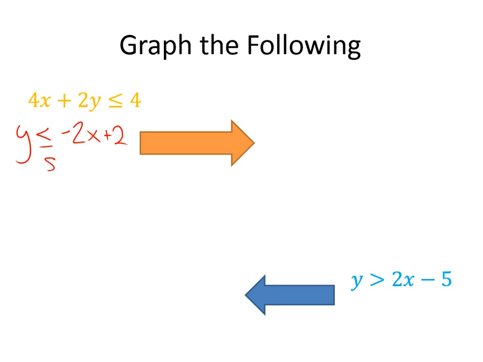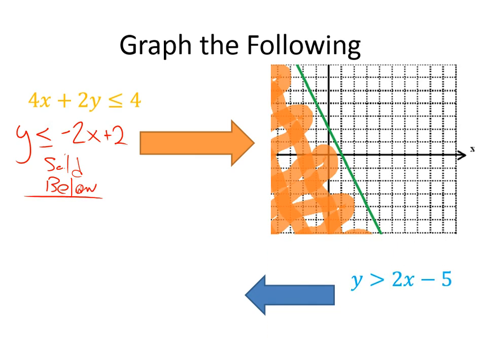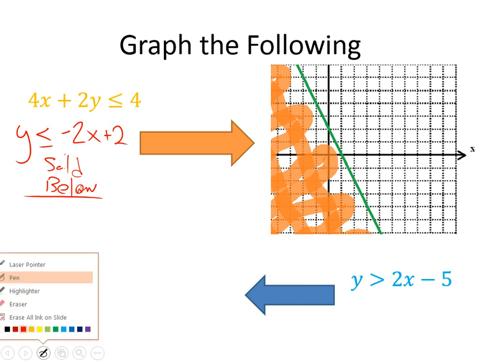It's going to be a solid line because it's equal to. And then are we going to shade above or below the line? Since it's y is less than, it's going to be below the line. Once we graph it, as you see, we shaded below the line.